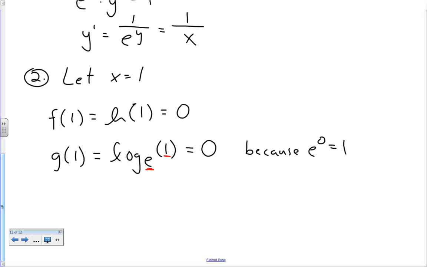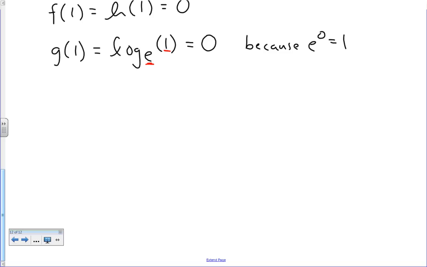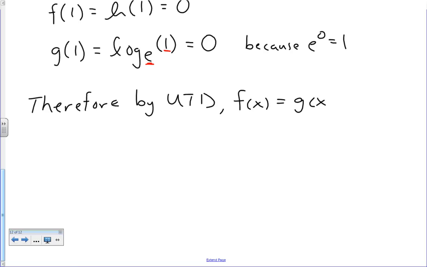So in both cases, f of 1 is 0 and g of 1 is 0. We got that they share a point in common. So the derivatives are the same and they have one point in common. We can make our conclusion. Therefore, by the uniqueness theorem for derivatives, f of x is equal to g of x.